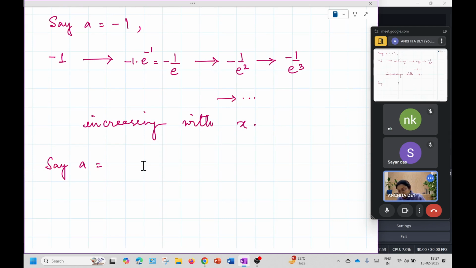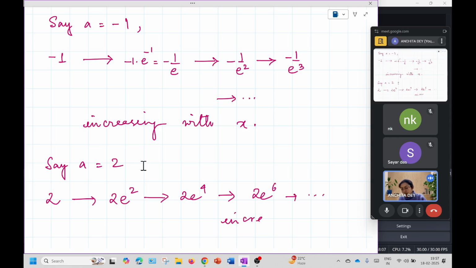What if I take, say, a is equal to 2? Then f dashed at x equal to 2 becomes 2e square, then 2e to the power 4, 2e to the power 6, and so on. Again, it's increasing with x. You can try with different values. Say you can consider a equal to 0, then you always have 0, so constant.